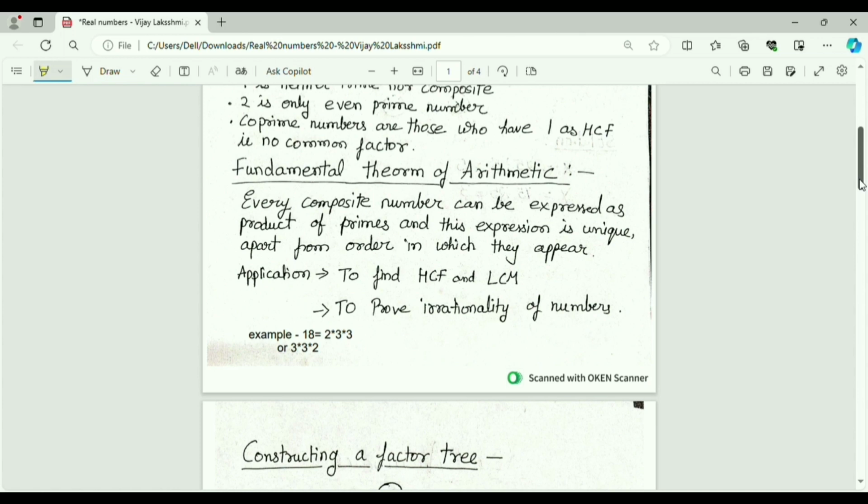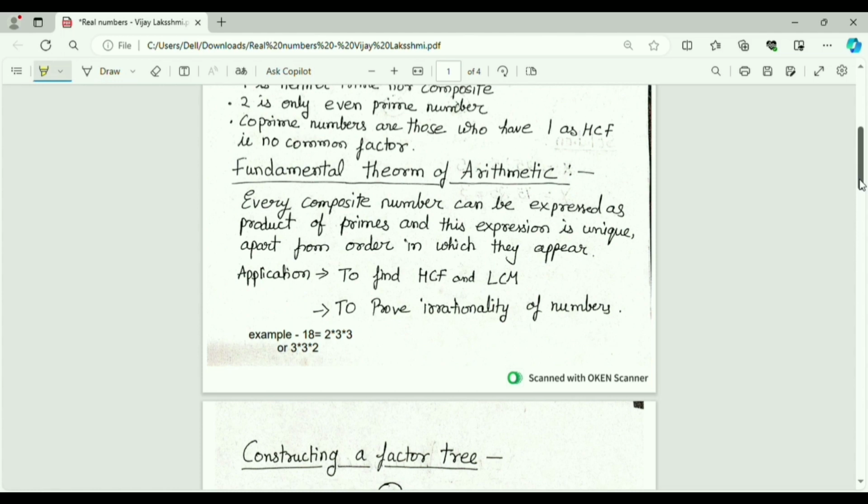We can write it in the order 3 into 3 into 2. It does not make any change. So, fundamental theorem of arithmetic says a composite number can be expressed as product of primes irrespective of the order we represent. Next is application of this theorem.